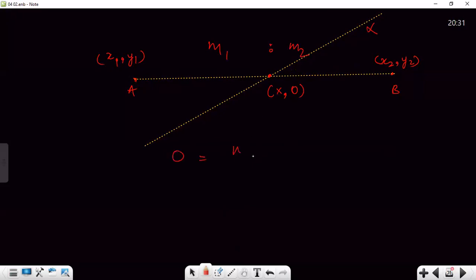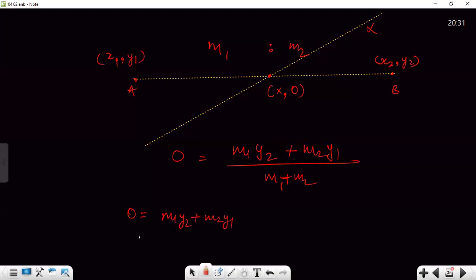So 0 will be (m1 y2 plus m2 y1) divided by (m1 plus m2). On cross multiplying, (m1 plus m2) into 0 becomes 0, equal to m1 y2 plus m2 y1. Simplifying, this gives minus m2 y1 equals m1 y2.